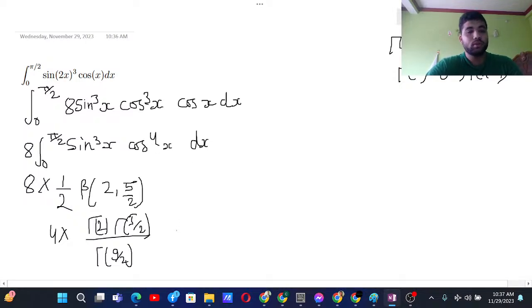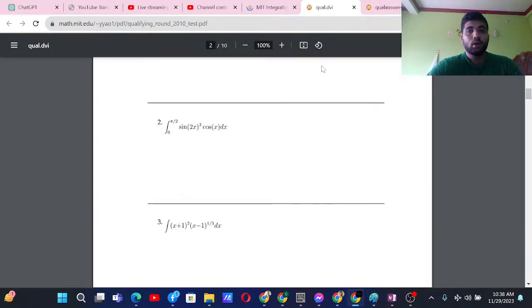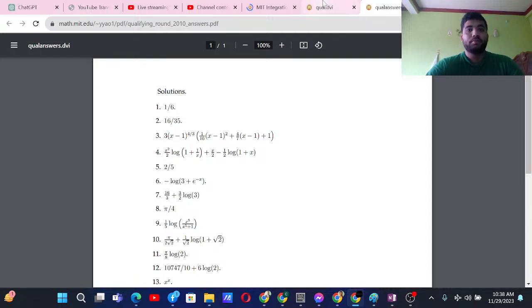We can use this property. 4 into gamma of 2, which is just 1, and gamma of 5 by 2 let it be as it is, because in the denominator gamma of 9 by 2 will be 7 by 2 into 5 by 2 into gamma of 5 by 2, and we can make the cancellation. Then we will have 4 times 2 is 8, times 2 is 16 by 35, and that's the answer. 16 by 35 is the answer.